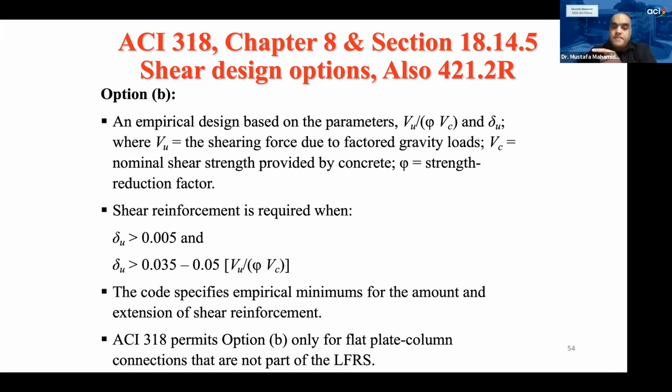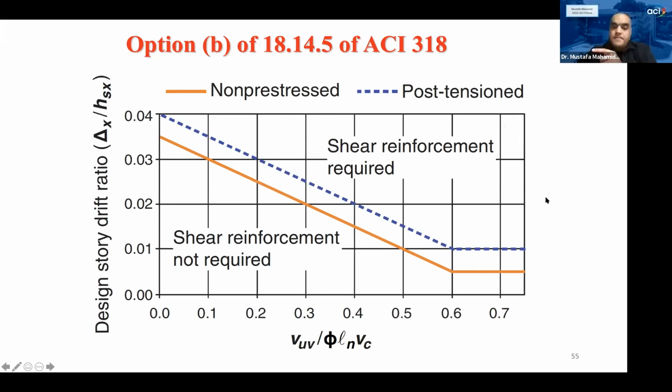ACI 318 also gives this figure for PT slabs and also non-pre-stressed concrete slabs, like slabs with mild reinforcement. So this shows you clearly the design story drift ratio where shear reinforcement is not required and where it is required.